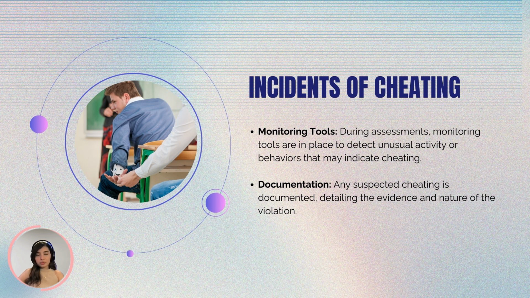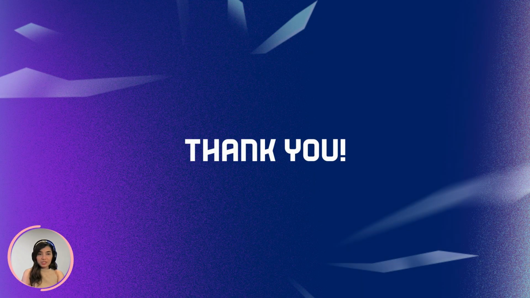This rigorous approach ensures the integrity of our training program and upholds our commitment to ethical standards. We inform relevant stakeholders, including line managers and HR, about the incidents and actions taken. Participants receive feedback emphasizing the importance of academic integrity. Alright, thank you very much for listening and have a nice day, everyone.